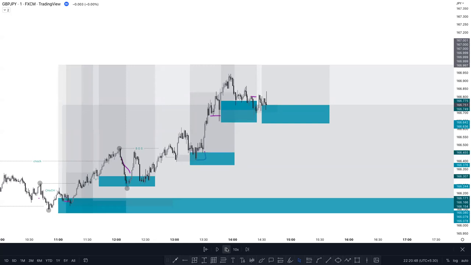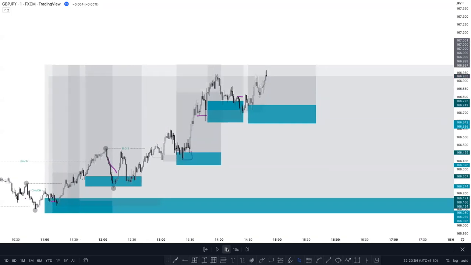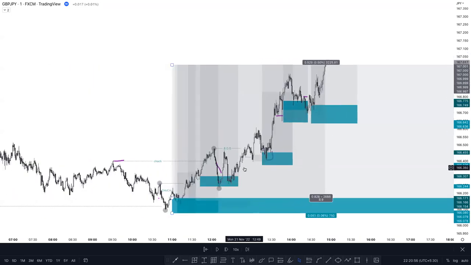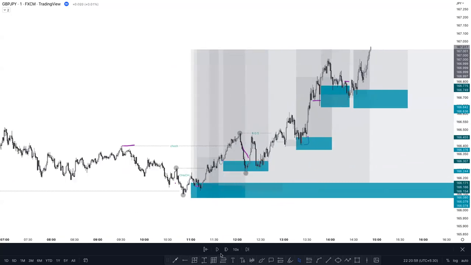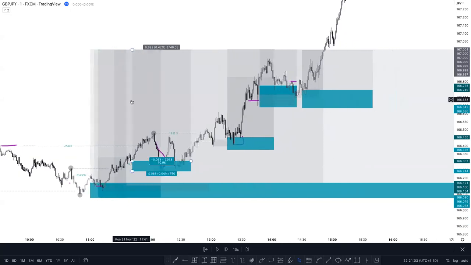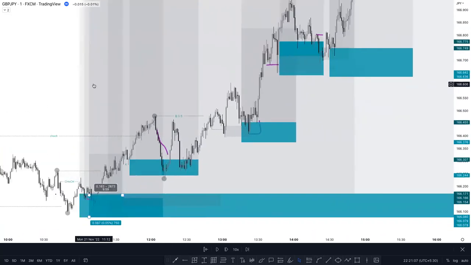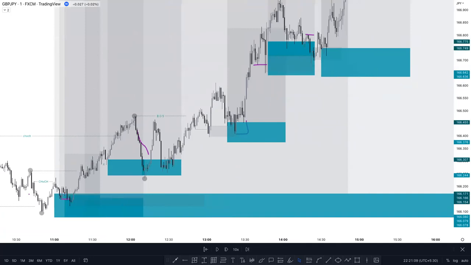Okay, nice. So finally the market met our target point. Okay, all right. So these are the possible entries here.